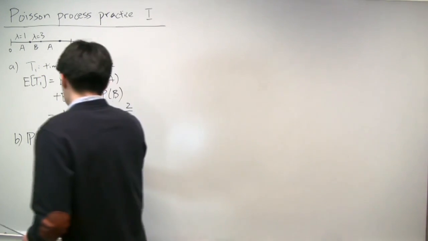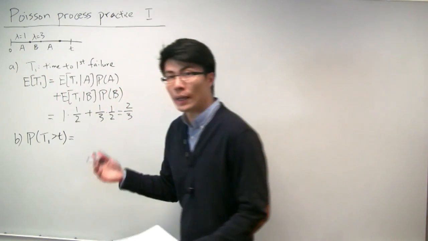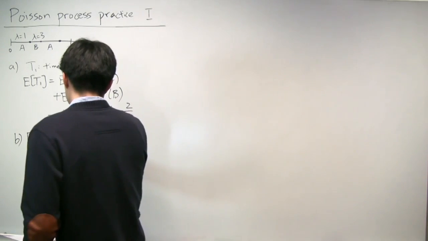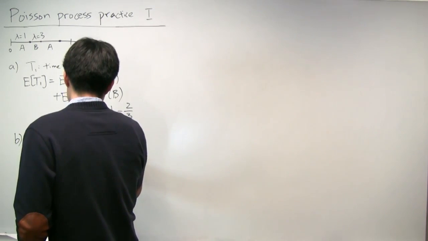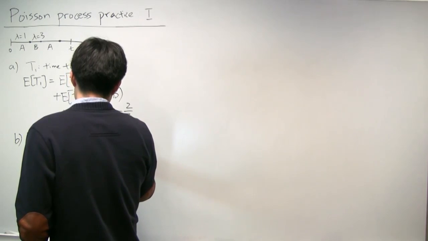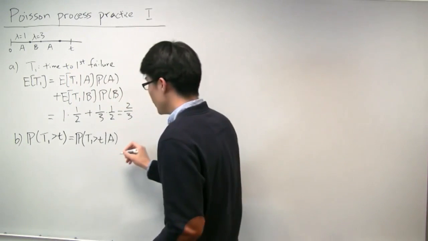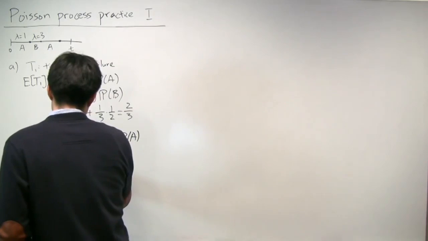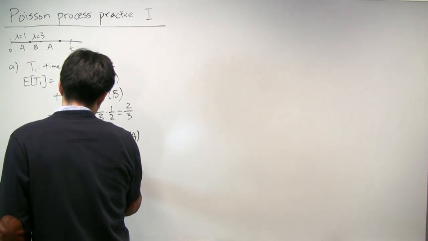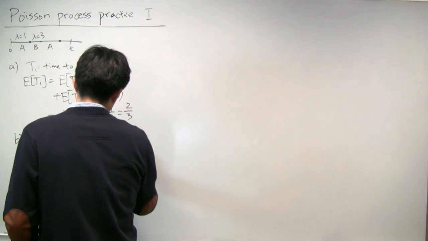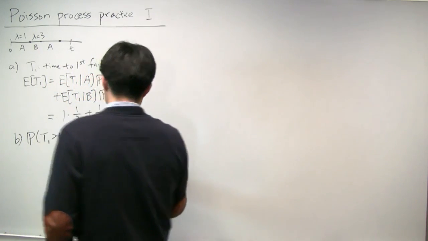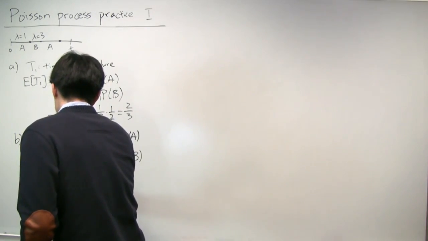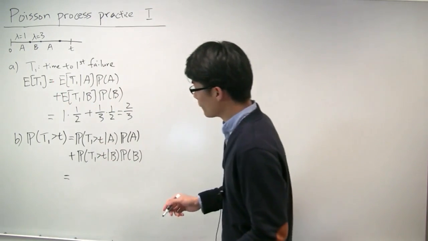Again, that depends on whether it's a type A bulb or a type B bulb that we're using, so let's use total probability and break it up into the two possible cases. If it's a type A bulb, this is the probability, and if it's a type B bulb, we get this. Now we need to figure out what these different pieces are.